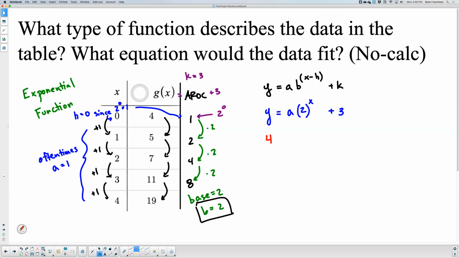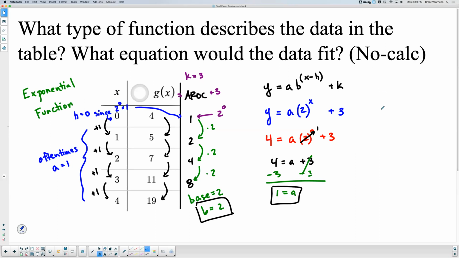I have 4 for the y equals a times 2 to the power of 0 plus 3. Anything to the 0 power is 1, so 4 equals a plus 3. Therefore, a's got to be 1, since if you subtract 3 from both sides, we're left with 1 equals a.